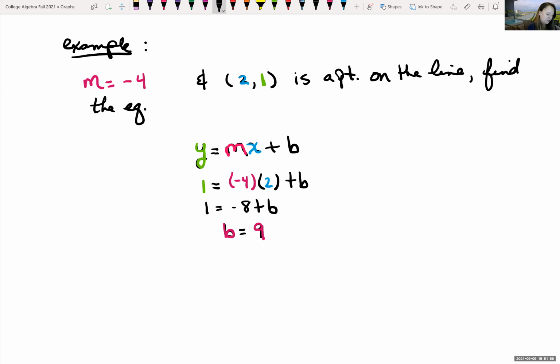Again, if we go back up to our slope intercept form, we can just plug in now what our slope is and what our intercept is. So y is equal to our slope, which was -4 times x, plus b, which we just found to be 9.